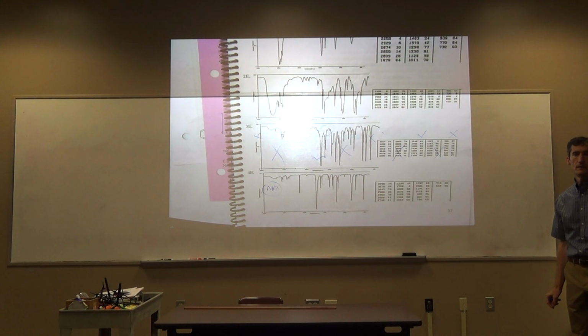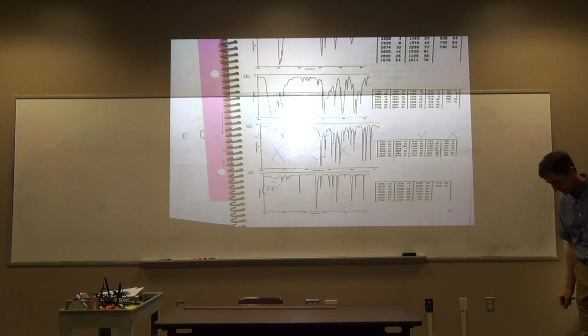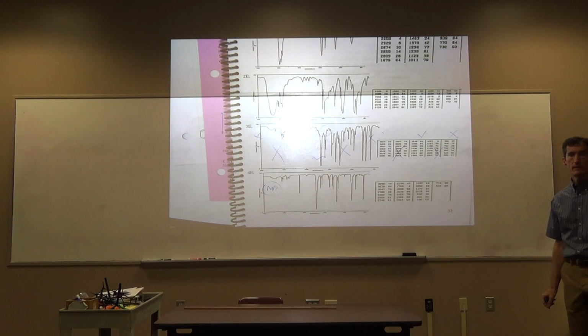F. It says F. Oh, okay. So the OH? He says that there's no NH bond on 4E, so it can't just be that, so it has to be F. Right.